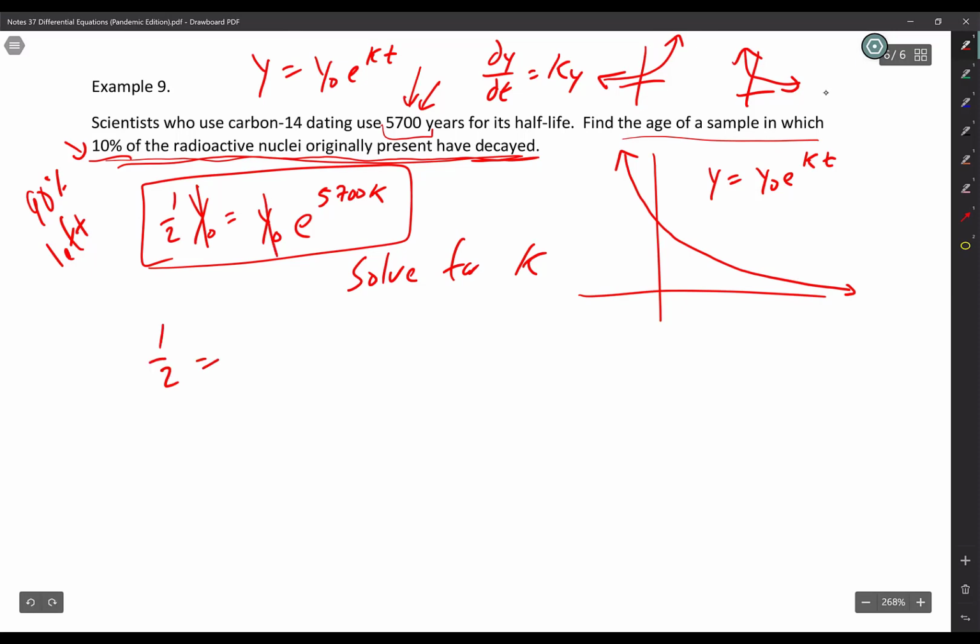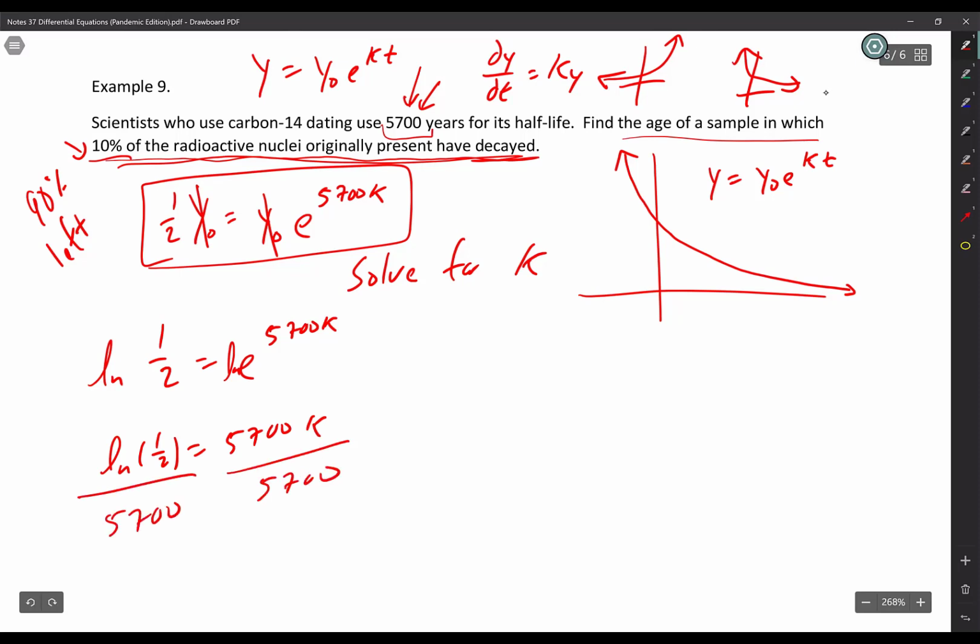I have 1/2 equals e to the 5,700k. What am I going to use? ln. ln of a half equals 5,700k. Divide by 5,700, and I'm going to store this in the calculator. k equals, and here we go. I'm going to take out my calculator so everyone can see.